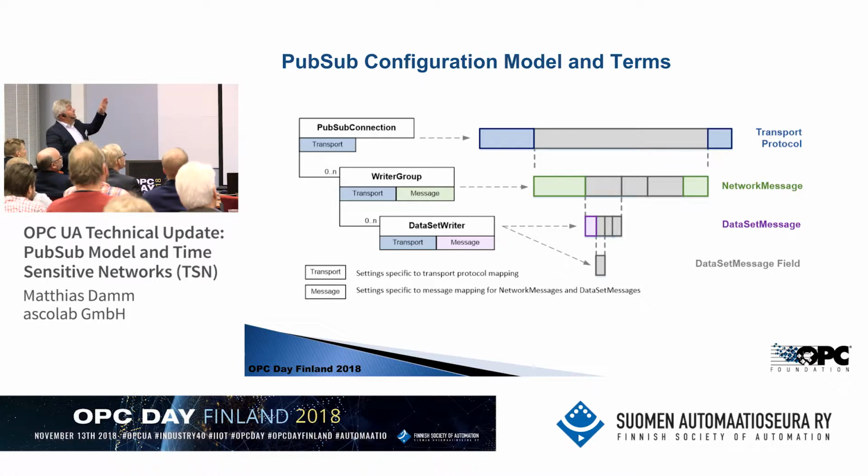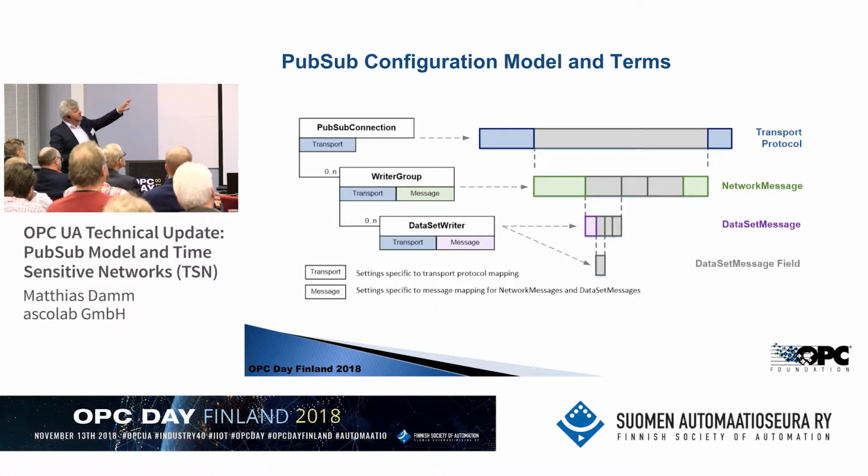On the connection level, you more or less select the protocol and the encoding, and that also defines the transport protocol specific header. In the case of Ethernet, it's just the EtherType. In the case of UDP, you have a UDP IP header. And in the case of MQTT, you have an MQTT protocol header.